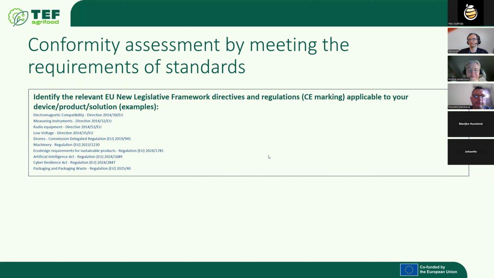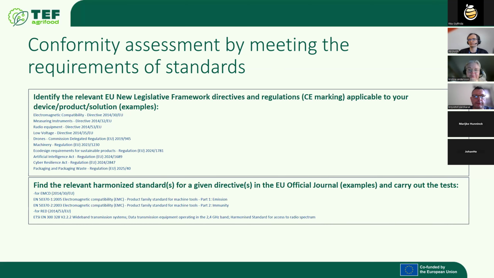Here are a few examples of these directives that might be applicable for agri-food tech robotic and AI solutions, because we have to keep in mind that AI is not only the software but also the hardware where the software is installed. A robot itself does not exist without the software. Also, the AI, in the case of robotic solutions, has to get a physical form.